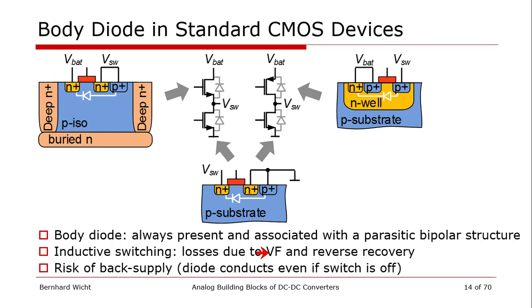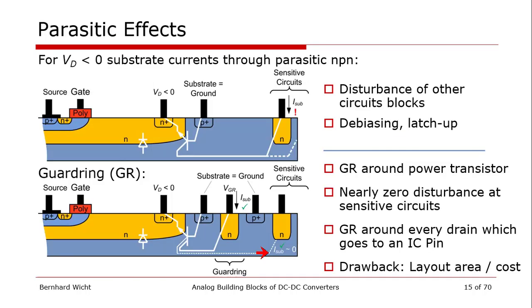But the major point is that there is not always only a PN junction, there is always a bipolar transistor associated with it, a parasitic bipolar transistor, which I'm indicating here for the case of the DMOS transistor again. So that's a part of the cross-section of the DMOS device. And now remember, we have inductive switching, so it may happen that our drain connection gets pulled below ground, and then our substrate diode forms a base emitter junction of a parasitic bipolar transistor.